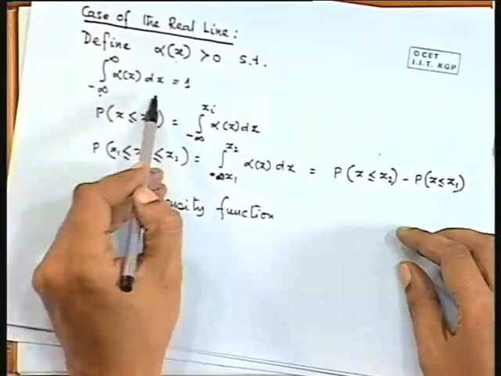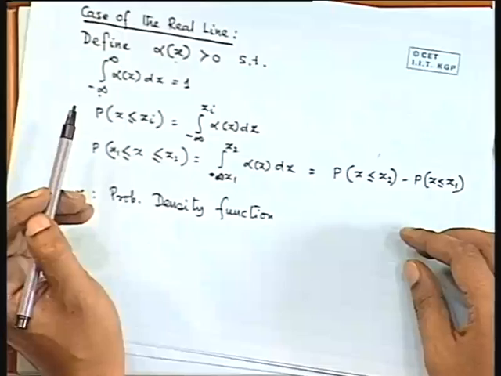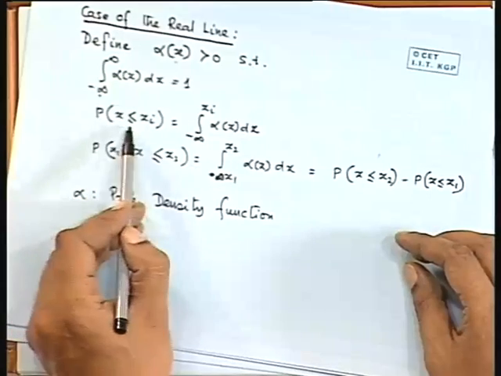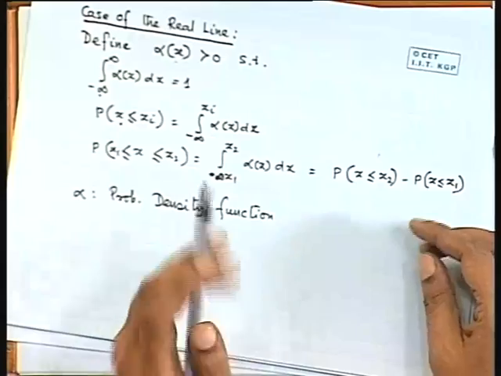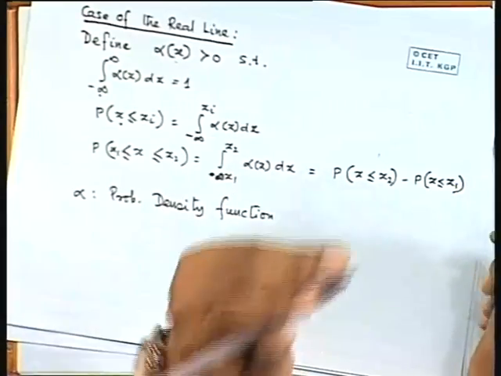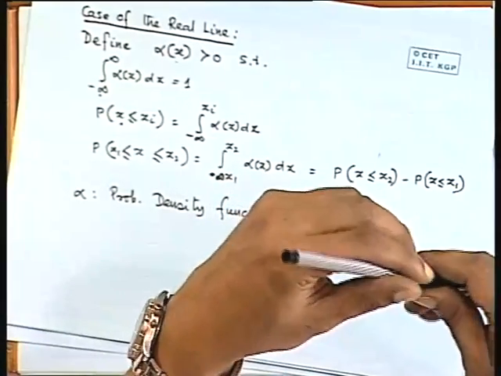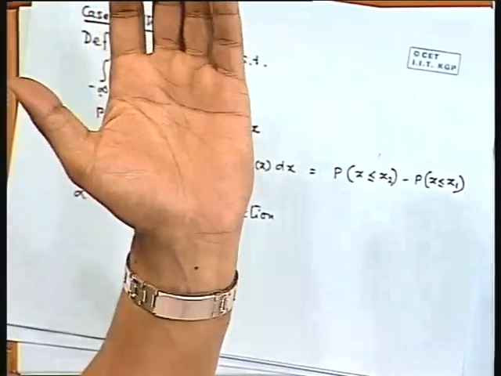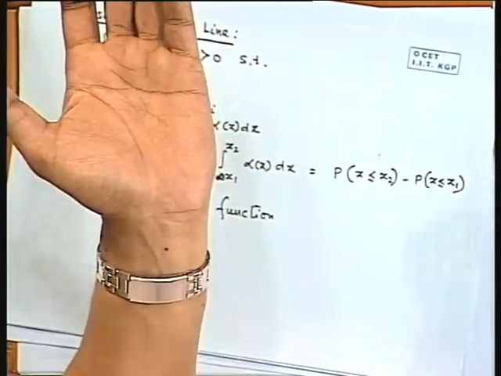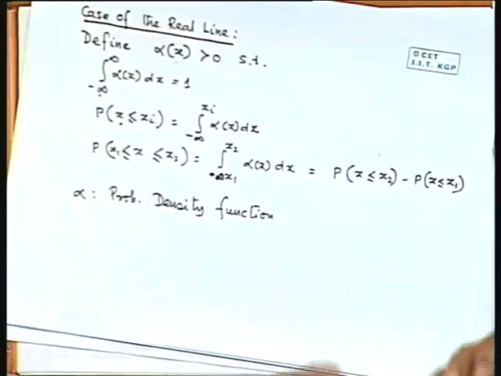And then once you have defined this function, you define probability in this fashion. You say the probability that x is less than or equal to xi. If I measure the temperature of this room, the probability that it will be less than 25 degrees centigrade is, okay? So on the real line, we can only make such statements.